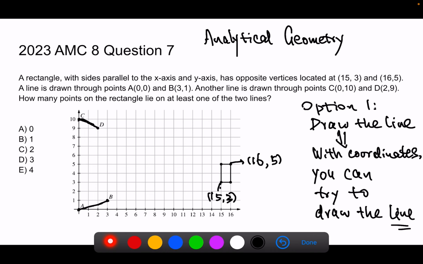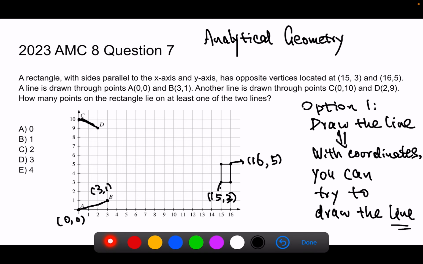For example, let's look at line AB. Line AB starts from (0, 0), where x is 0 and y is 0, and goes to (3, 1). When you try to draw this line, how do you extend it without missing the accuracy? Going from A to B, you increase x by 3 and you increase y by 1, because x changed from 0 to 3 and y changed from 0 to 1.